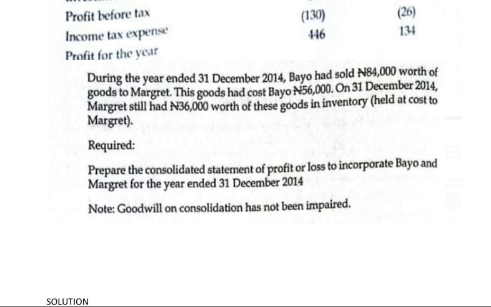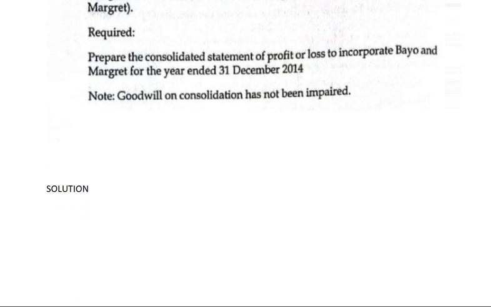So quickly, let's go to the solution of this particular topic. Like I told us earlier, whenever you have a question like this, always learn how to open the skeleton. Very, very important. How will you do that? Very simple. I've taught you in the first class that there are two steps to consolidation.